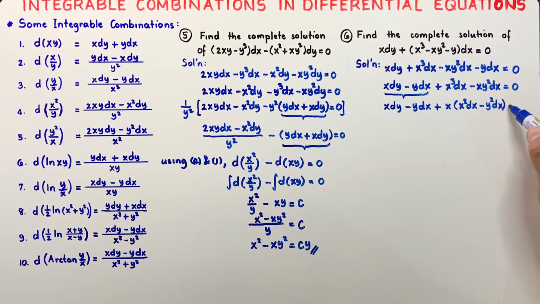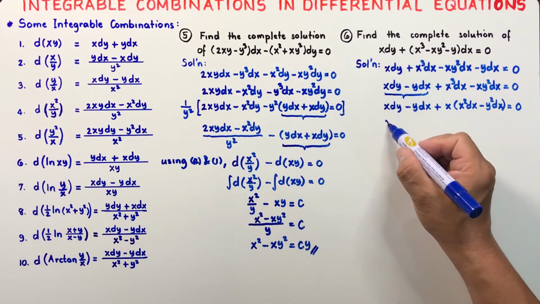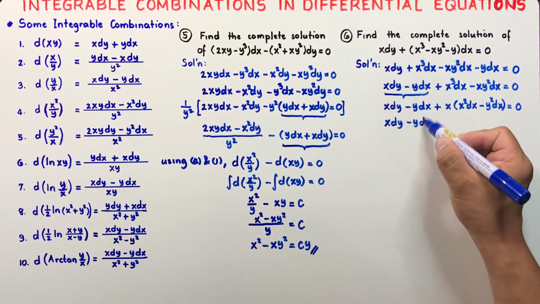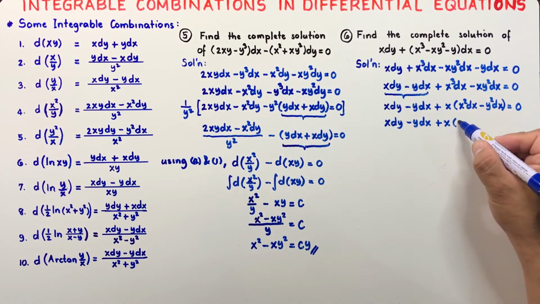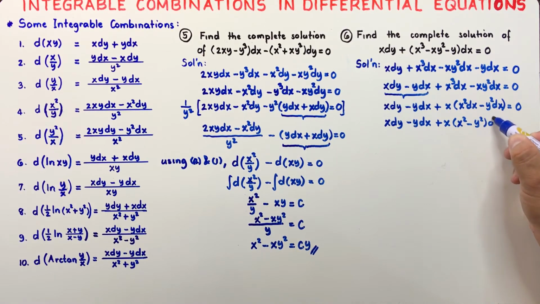And this is equal to 0. And factoring further this dx here from the two terms, we have x dy minus y dx plus x times x squared minus y squared times dx, which is equal to 0.